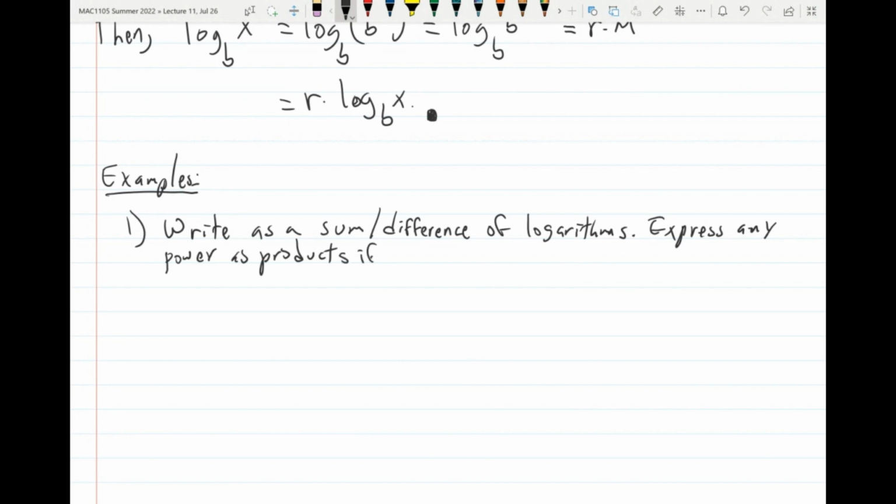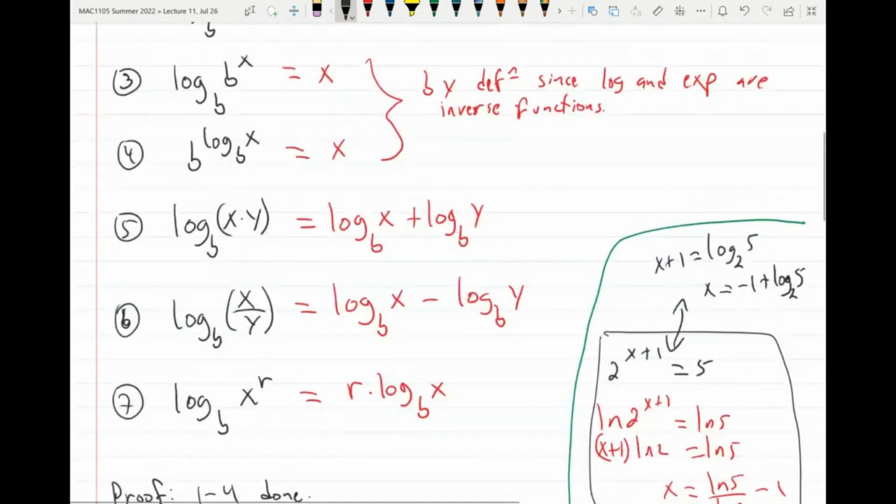By the way, this is a mistake that sometimes students make. Keep in mind that there is no rule here. I'm not telling you what to do if you take the log of a sum. If you have log of x plus y, I'm not telling you what this is, because there is no property about that. It's not the sum of the logs, or the product of the logs, nothing like that.